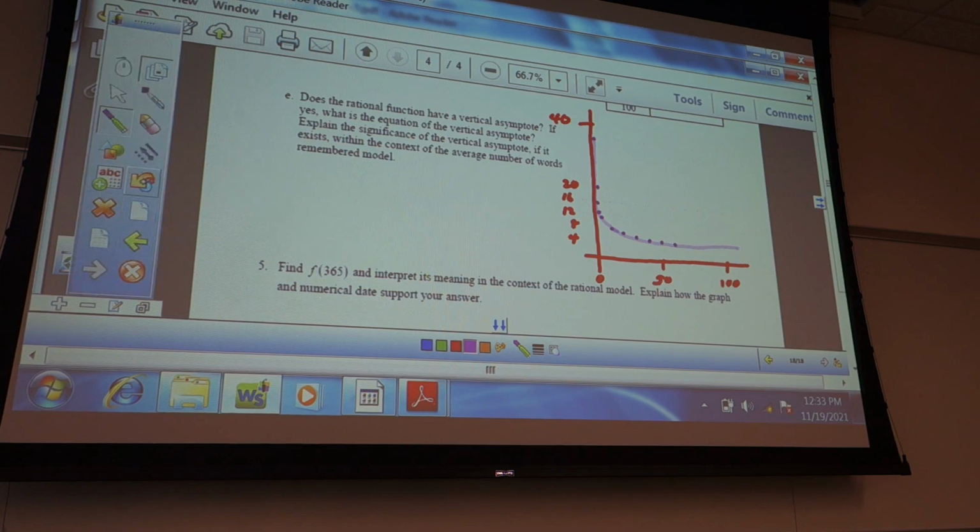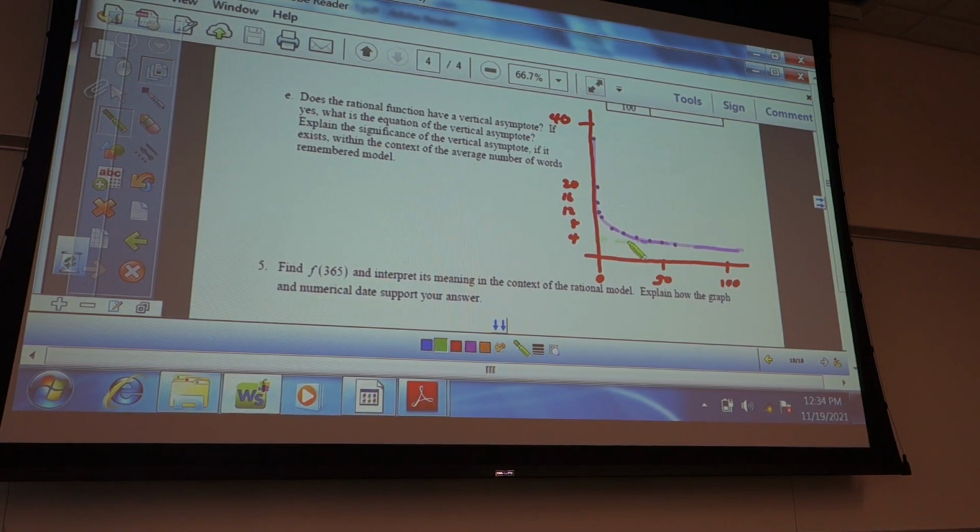I'm kind of drawing it wrong, but this level of five. So it kind of stops dropping at 5 and gets closer and closer to 5. So does it look like it has an asymptote here?